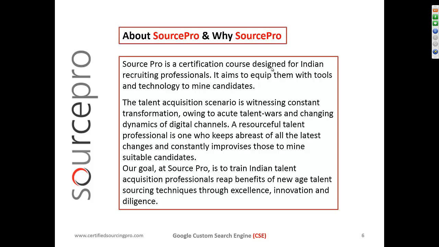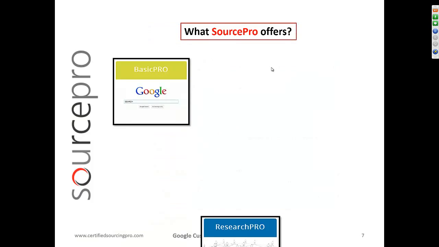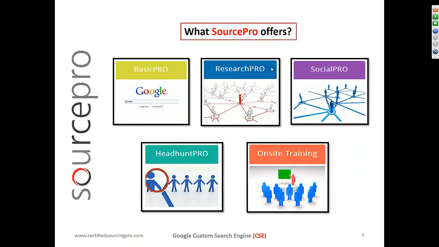We've just covered the basics, but like I said earlier, we've launched Source Pro, our certification in sourcing, and our Research Pro module would give you a detailed idea on how we can create Google custom search engines.